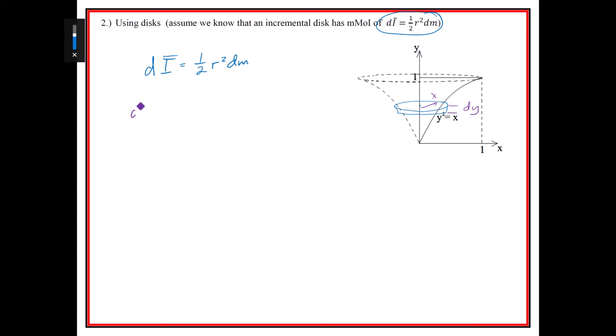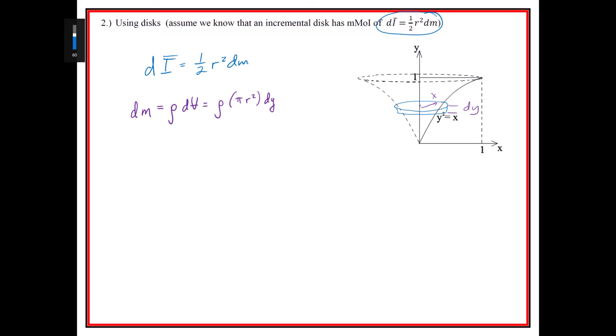And so the incremental mass is going to be rho times the incremental volume. We know that a volume of a disk is going to be pi r squared dy. So pi r squared is the area of this disk, and the volume is dy.